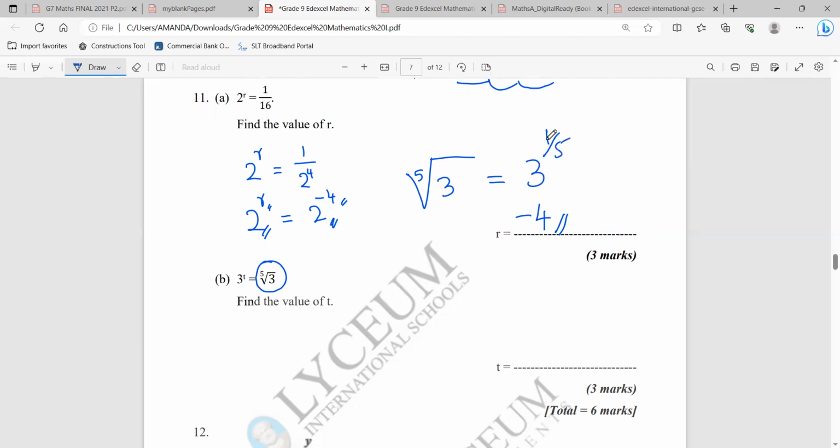So you can write it that way. 1/5 of the power. Right? Which means I would write it that way. 3 to the power t equals 3, same base, 1/5. Now, t is 1/5. Okay, now we're just mapping. This one equals this one. So t equals 1/5. They're asking what's t.